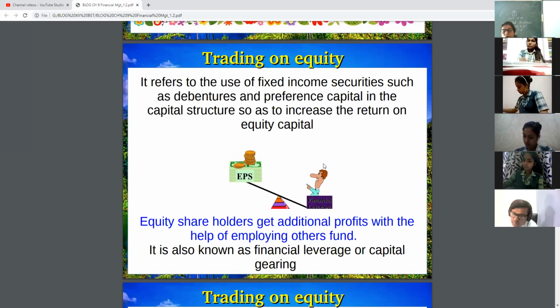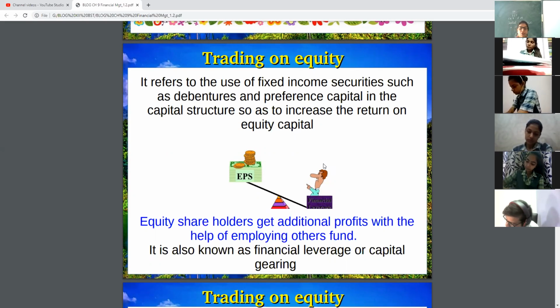But in the exam, you will get one numerical on trading on equity because that is given in various papers. There is only one numerical in business studies, and that is related to trading on equity. In tomorrow's video, I will explain the numerical.